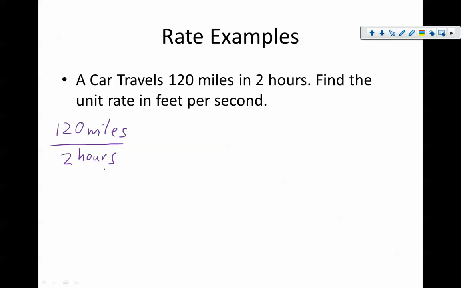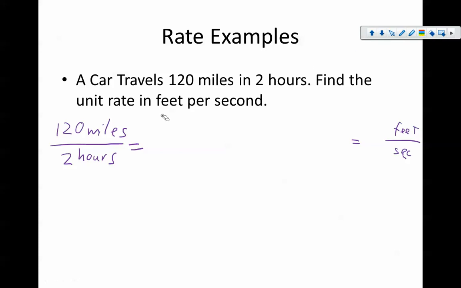That's two different units, and we need to convert that to feet per second. We're going to use some multiplication to change miles into feet and then hours into seconds.